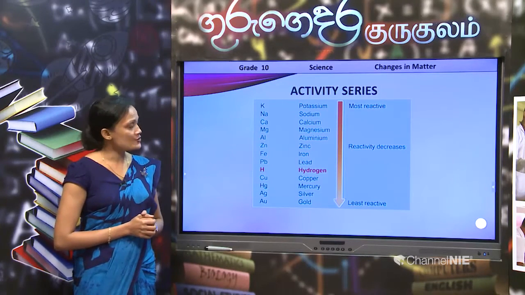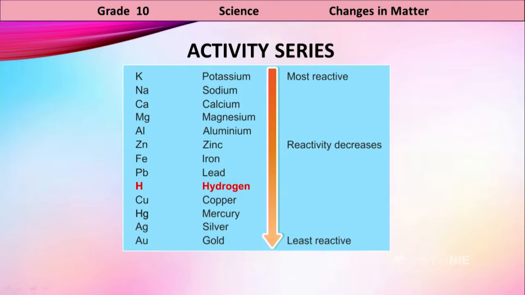They are arranged in the descending order of their reactivity and obtain the activity series. At the top of the activity series, more reactive metals are present. At the bottom of the activity series, less reactive metals are present. And if we go downwards, the reactivity decreases.